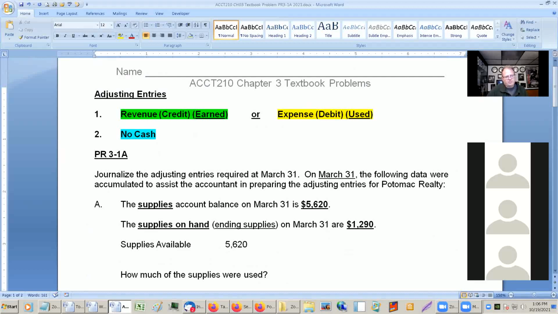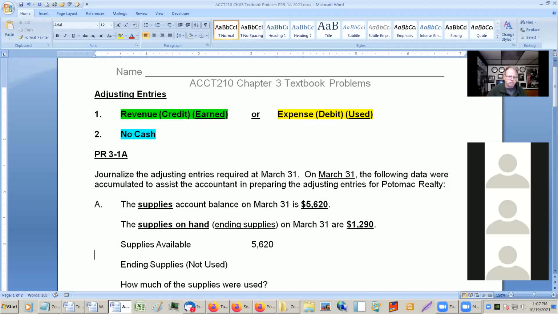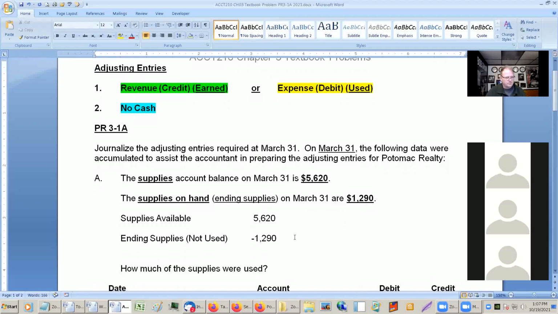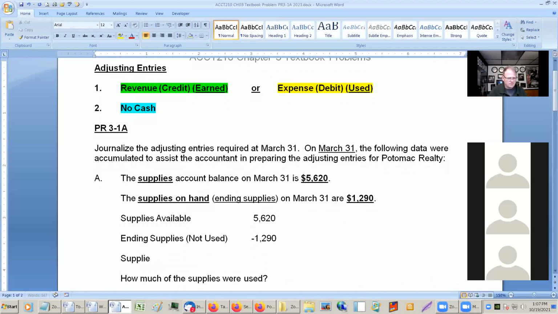So supplies available, ending supplies. In other words, not used. You said 4,330, right?